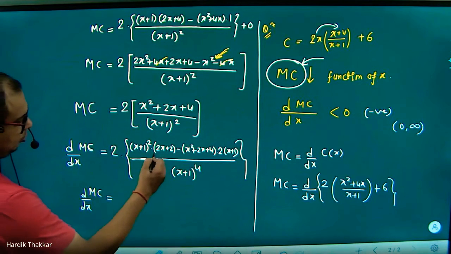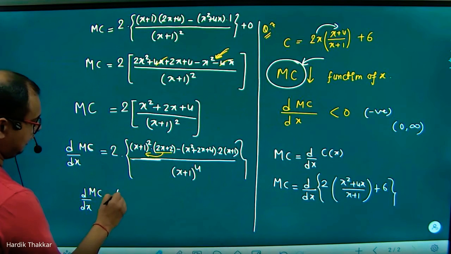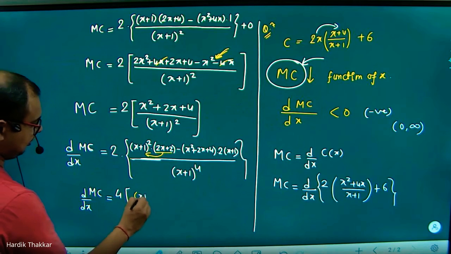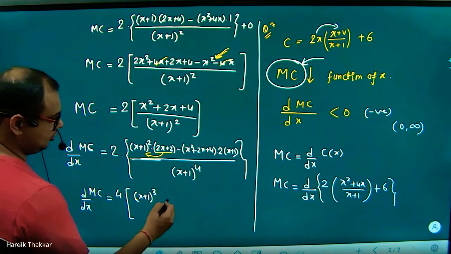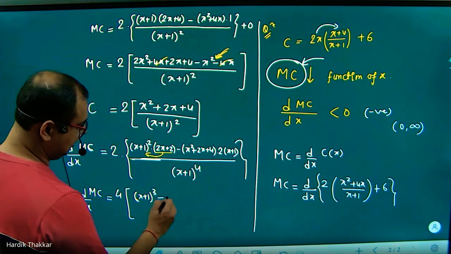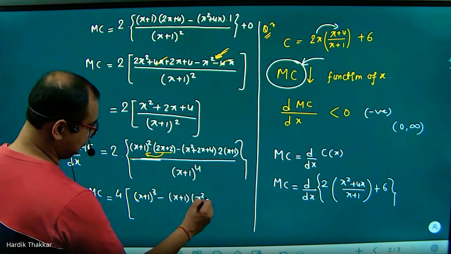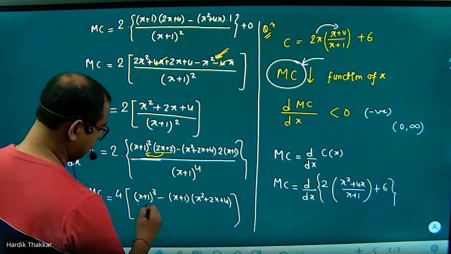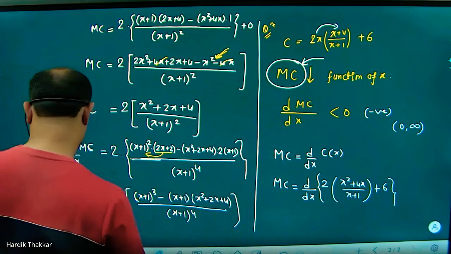Now we take 2 common from here and 2 from here, so outside it will be like 4, and this term will be x plus 1 whole cube. Check and do it yourself. So in the numerator it will be minus x plus 1 into x square plus 2x plus 4, divided by x plus 1 raised to power 4.